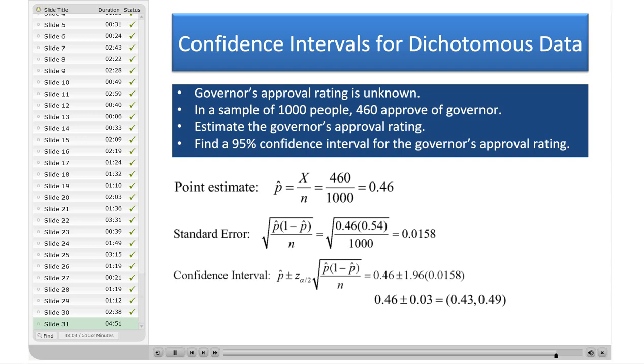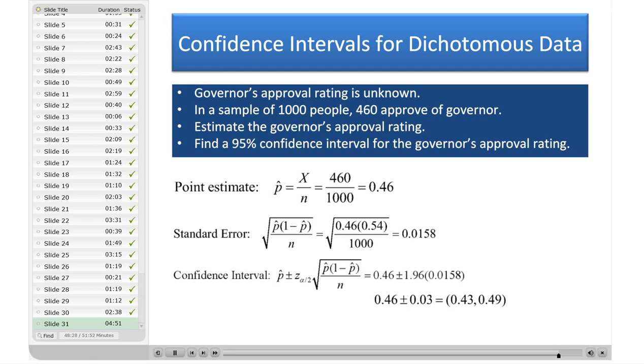It says the governor's approval rating is unknown, and in a sample of 1,000 people, 460 people approve of the governor. We've got two questions here. The first one is to estimate the governor's approval rating, and the second one is to find a 95% confidence interval for the governor's approval rating. Okay, let's start with the first question. The first question is just common sense.